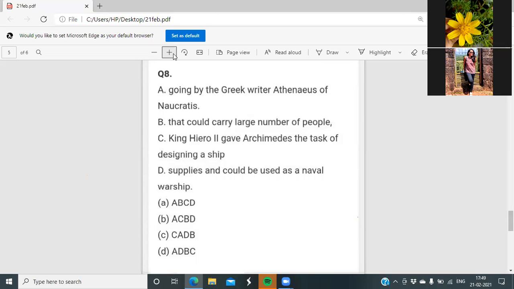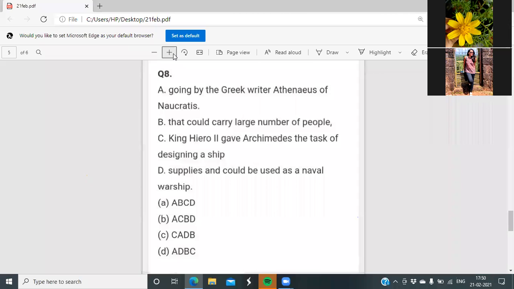I see many of you have answered C. Okay, let's see option C also. C. King Hieron II gave Archimedes the task of designing a ship. Going by the Greek writer, Athenius of... See, the portion of option C and option A is not going back to back.